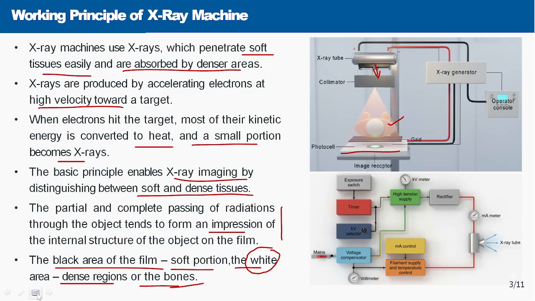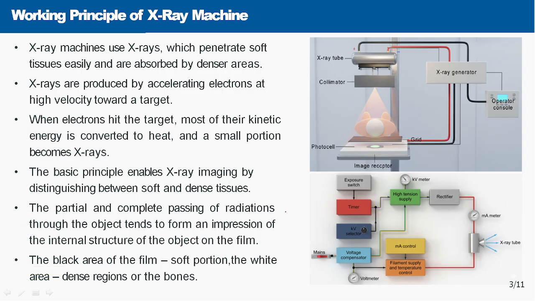So this is a simple block diagram of our X-ray machine. We have the main supply here, and some high voltage comes in, then we have a timer for exposure, where we can control how much time we require to expose. We have a current control circuit, then all these things are connected to a rectifier, which will pass that to an ammeter.